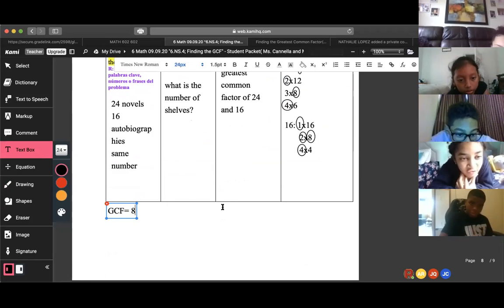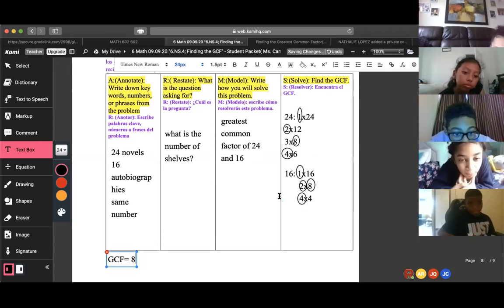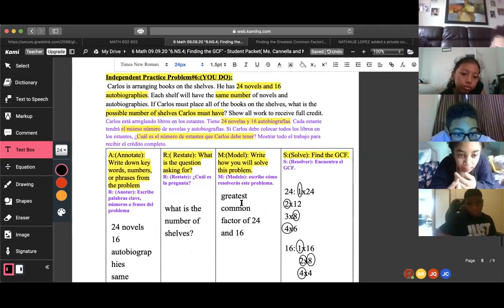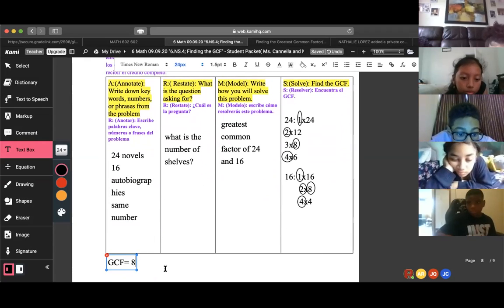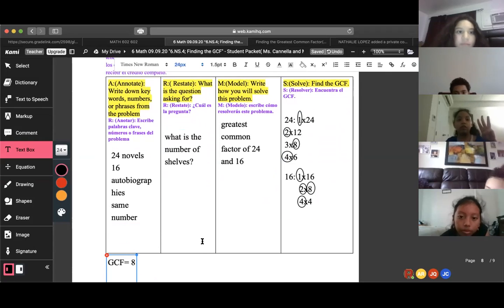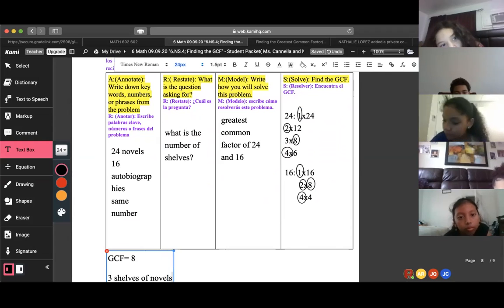Now, that does not mean that they share the same number of shelves, right? Now it's asking us the same number method. How many shelves do we need of novels? 8 times what? 3. There you go, Danielle. 3 shelves of novels.